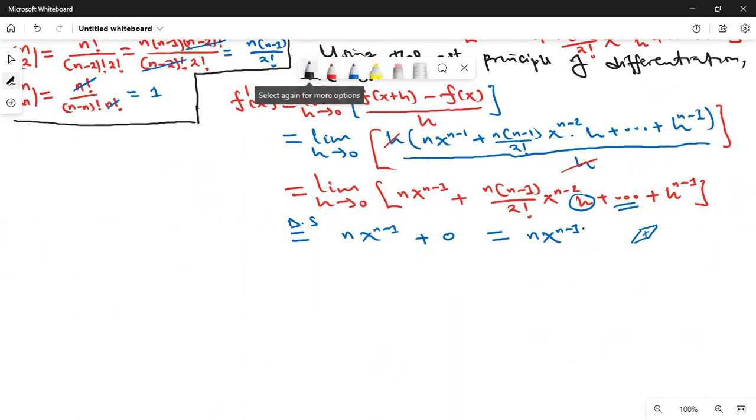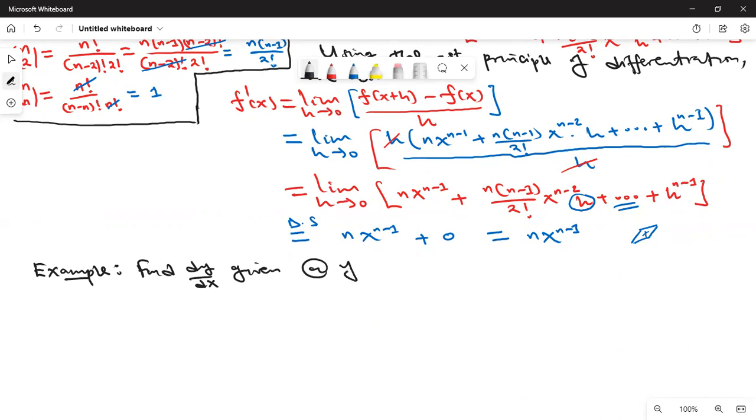Now let's look at just an illustration example. Find dy over dx, given that part A, y is equal to x raised to 3, part B, y is equal to the square root of x, part C, y is equal to 1 over x.